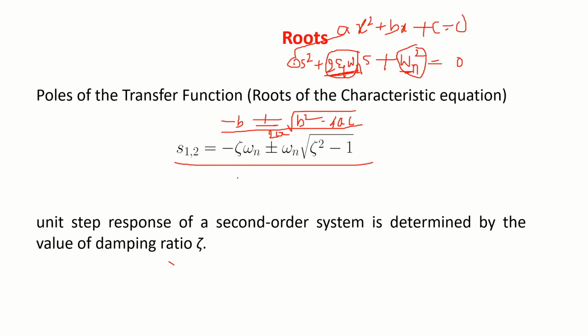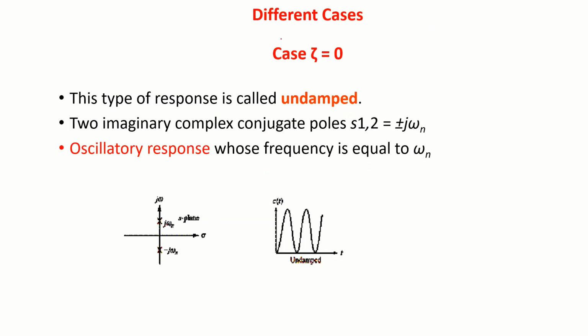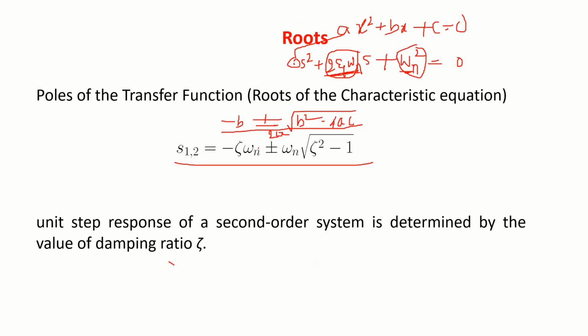Now in this equation we will substitute the value of zeta, then you get the root locations. Suppose zeta is equal to 0, if I substitute, this is 0, this is 0, root of minus 1 is j, so you will get plus or minus j omega n.